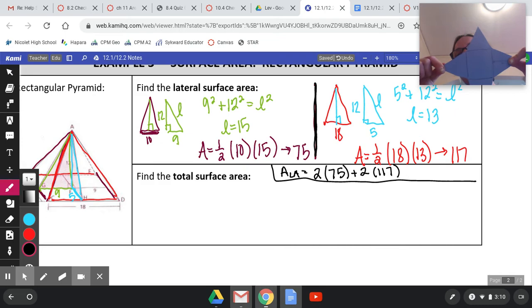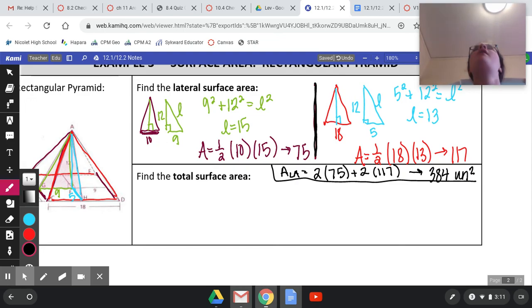These two are going to have the same base, the ones with the 18 base, and these two are going to have the base of 10. We already found the area of those, so now we've just got to do some math with it. So 2 times 75 plus 2 times 117, which gives me a total lateral area of 384 square units.